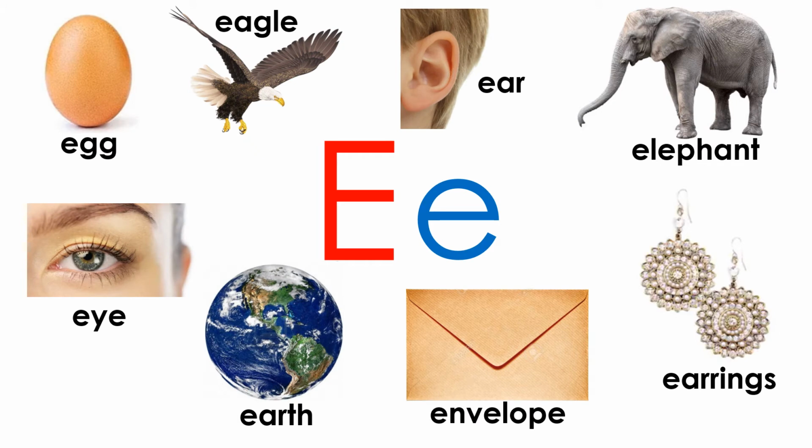This is capital E. This is simple E. Capital E, simple E. Now let's revise what are the pictures that begin with letter E. Egg, eagle, ear, elephant, eye, earth, envelope, earrings.